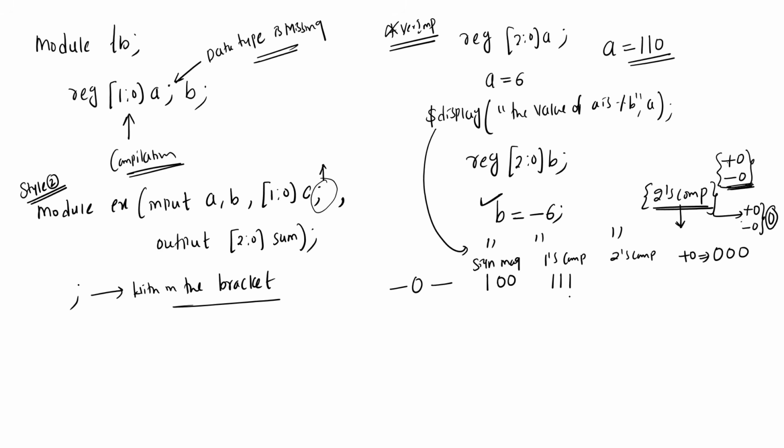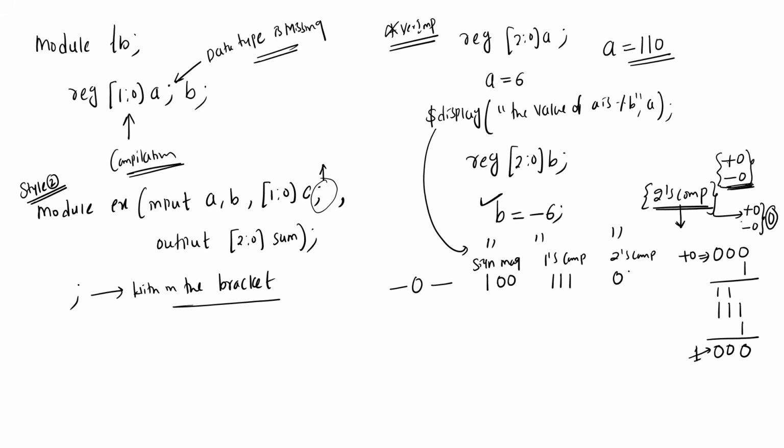For two's complement, what will you get? You just need to add 1 to the one's complement, 1 1 1. 1 plus 1 is 0, carry 1; 1 plus 1 is 0, carry 1; 1 plus 1 is 0, carry 1. If you get a carry, you discard the carry.